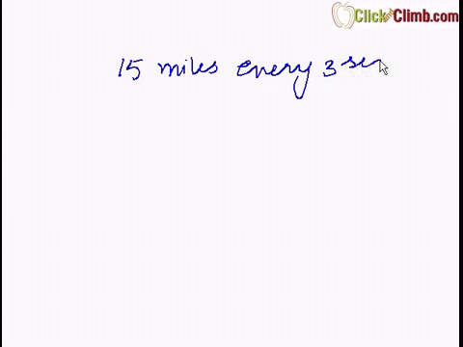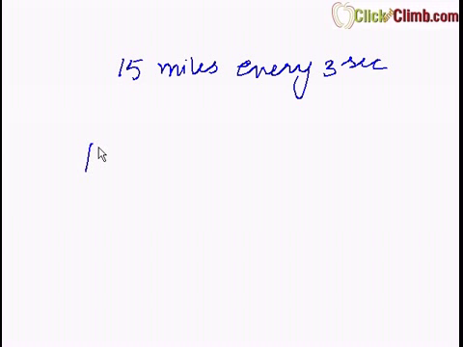So let's take an example. Suppose there is an international space station in orbit, and the average speed of this space station is 15 miles in every 3 seconds.